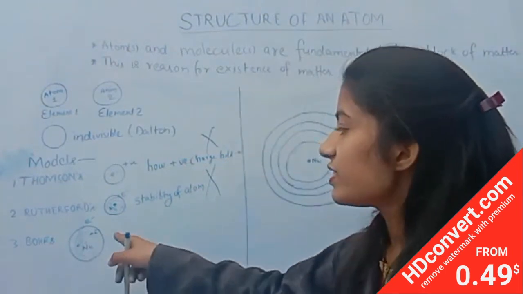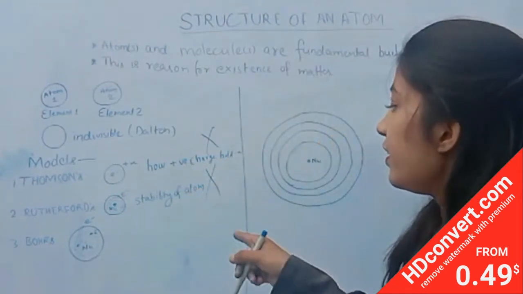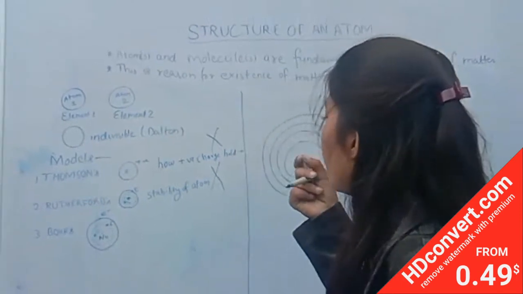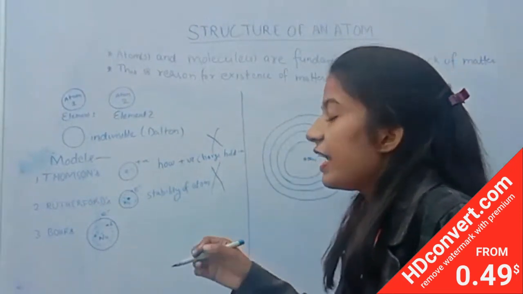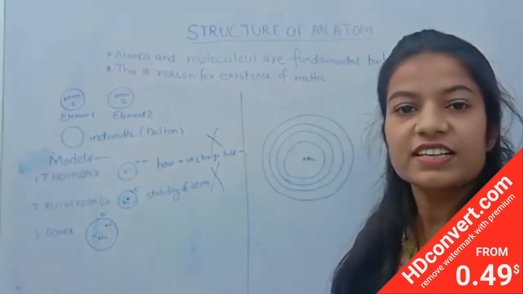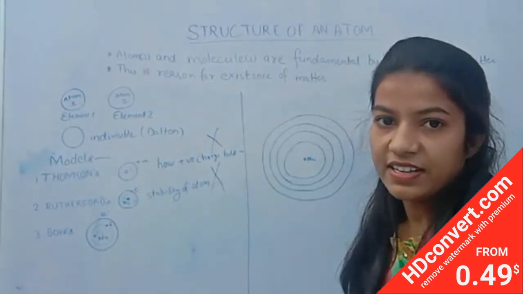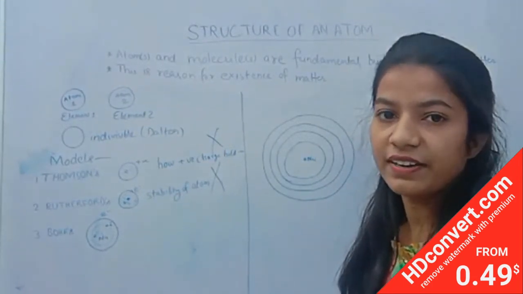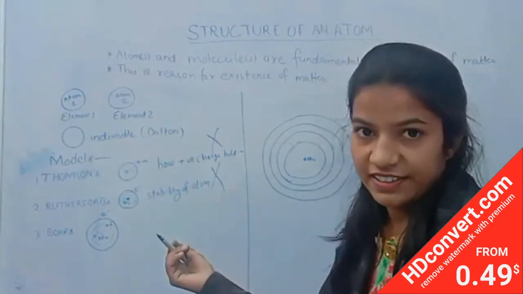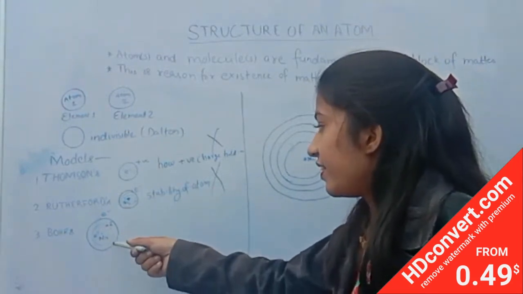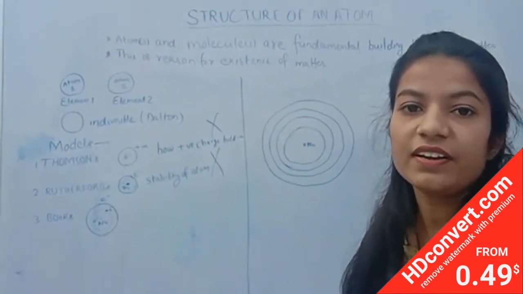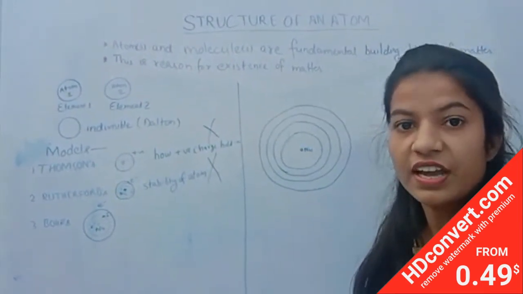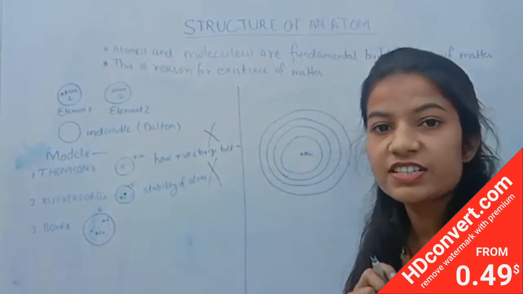Now Bohr proposed an atom's model. According to him, every atom has a very teeny particle in its center that is regarded as the nucleus, and around the nucleus there are electrons revolving with a distinct energy level.